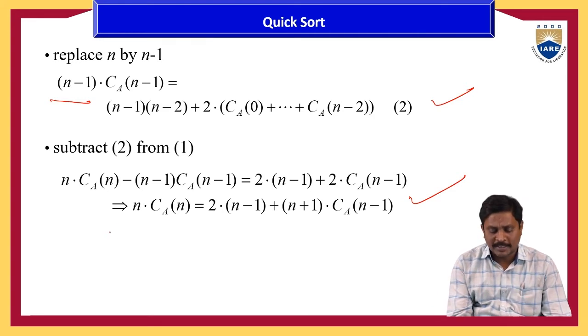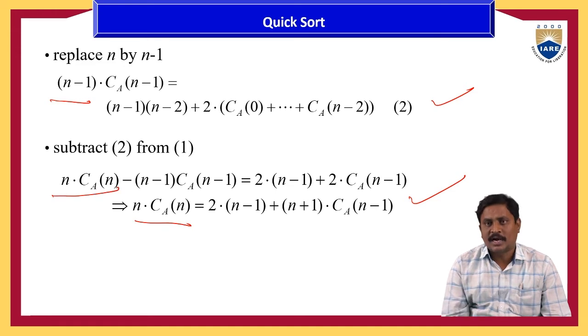This implies C of n equals 2 into n minus 1 plus n plus 1 into C of n minus 1. We set the left side value and right side value, and we get the equation as n into CA of n.